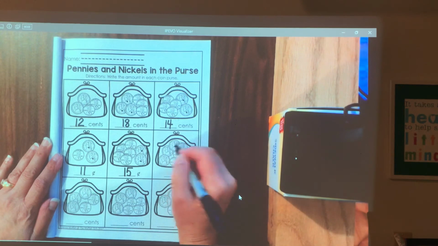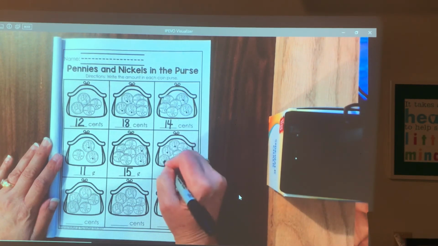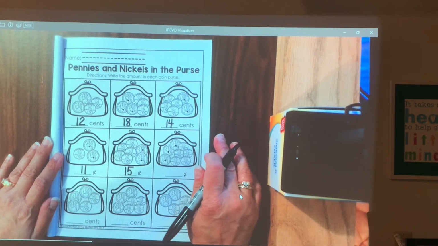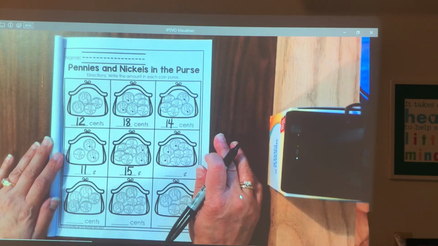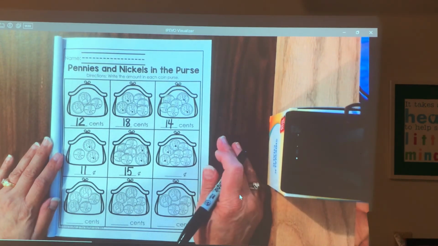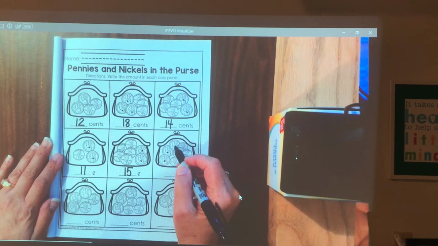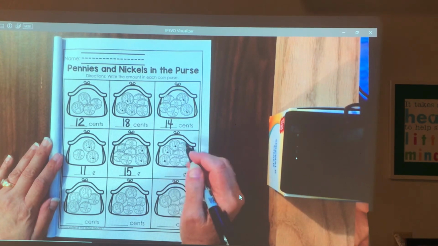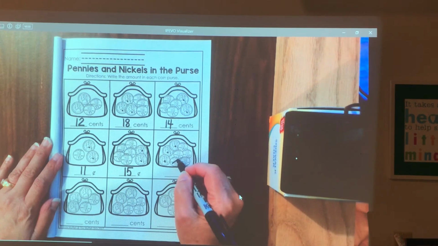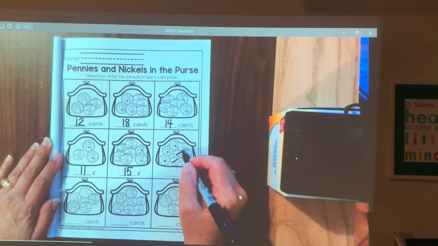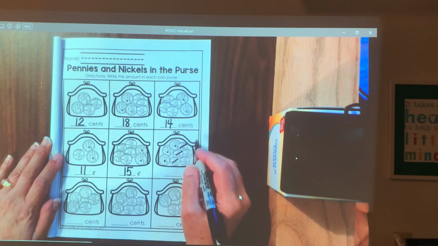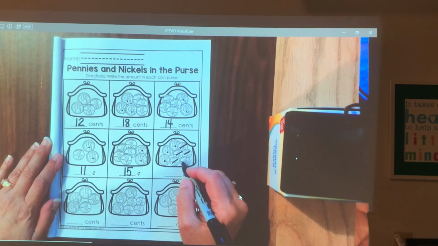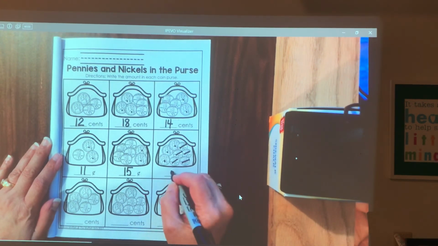Find all the nickels, put a dot on them. We know for our nickels we have to count by fives. So count by fives. 5, 10, 15. Now one more makes 16, 17, 18, 19, 20. 20 is 2, 0.